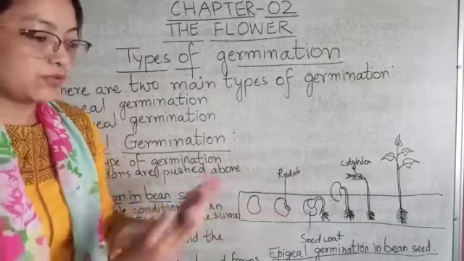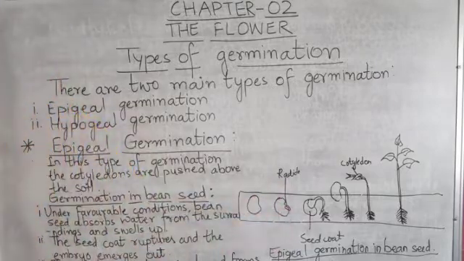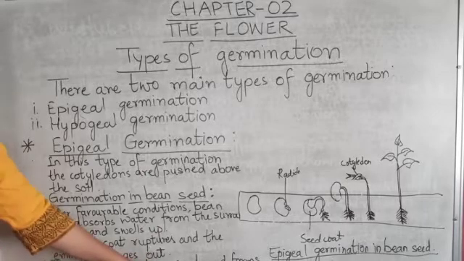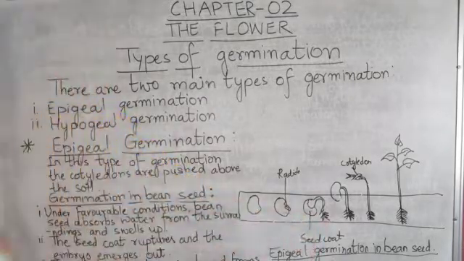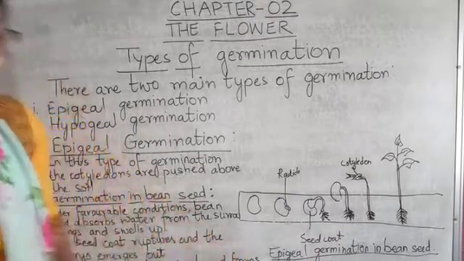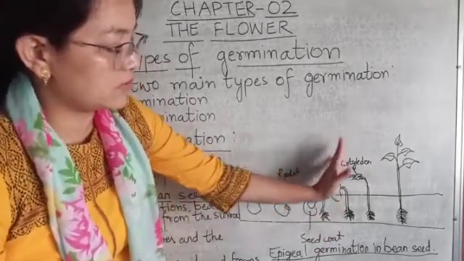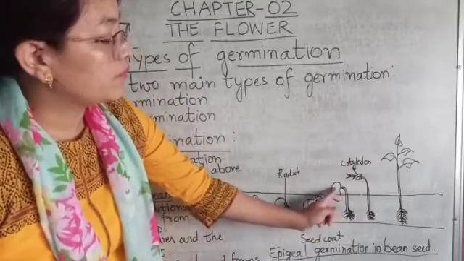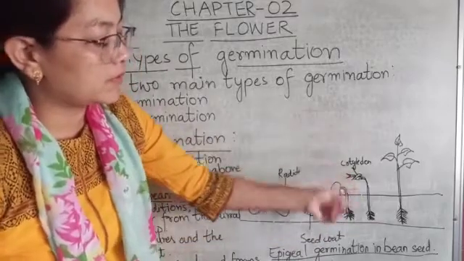The seed coat bursts, and then what comes out first? The radicle comes out first. The seed coat ruptures and the embryo emerges. The radicle grows downward and forms the root. The plumule elongates and straightens upward, and along with the cotyledons, it pushes them above the soil.